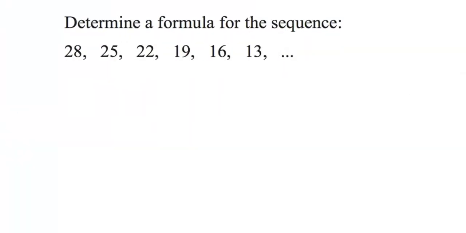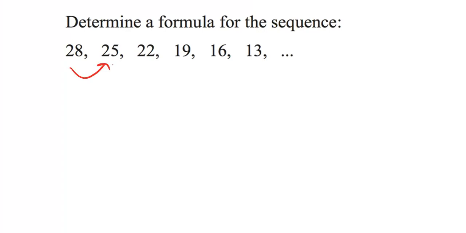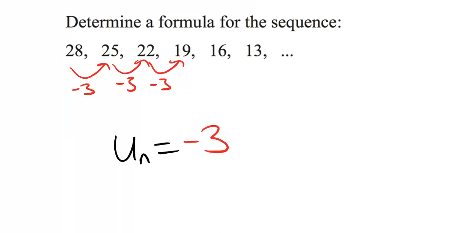Okay, let's do another one. This one's a bit different because it's going down rather than going up. If we think about what's happening each time we move from term to term in the sequence, we're going down 3. We're taking away 3 every time. So our formula is going to be un equals minus 3n.